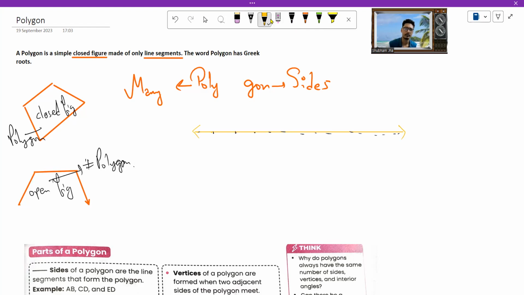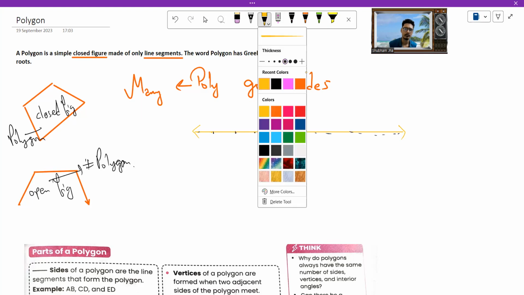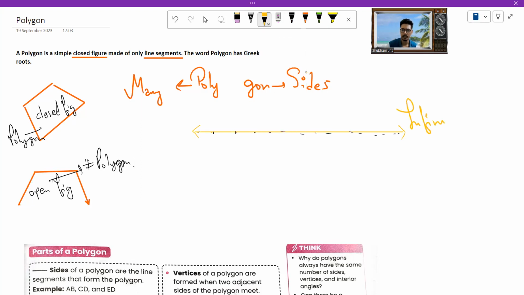Now this is going to infinity. This shows that any point on infinity is undefined. It cannot be measured.